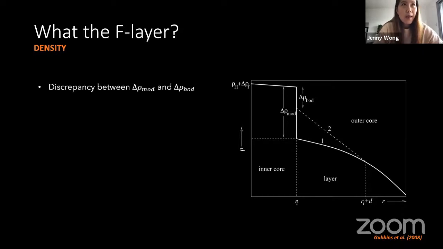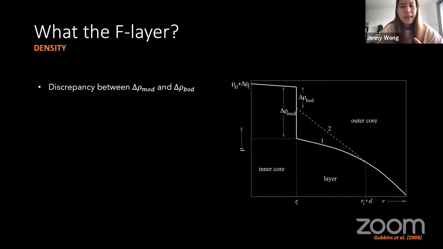There are also two other measurements that seismologists can calculate, which are the inner core boundary density jump derived from normal mode data, and derived from another set of data called body waves. Normal modes are waves that have a really long resolution length, on the order of about 100 kilometers.